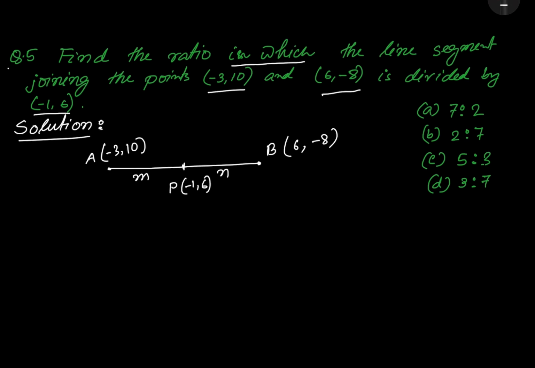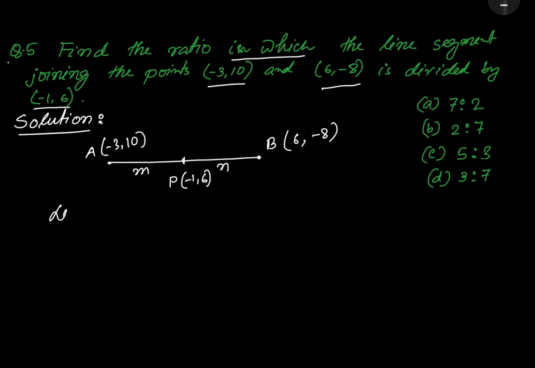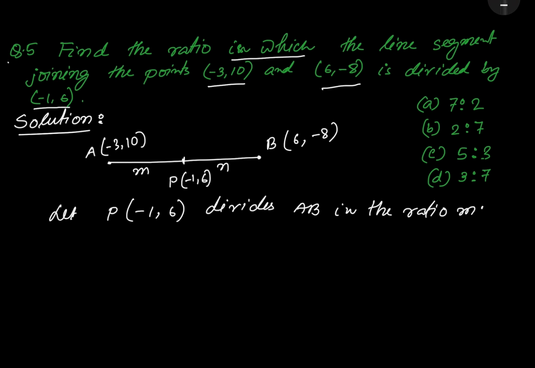Let P (-1, 6) divide AB in the ratio m is to n. I am taking this.